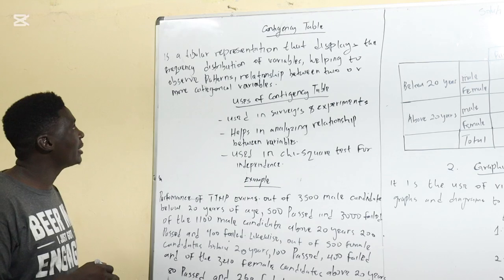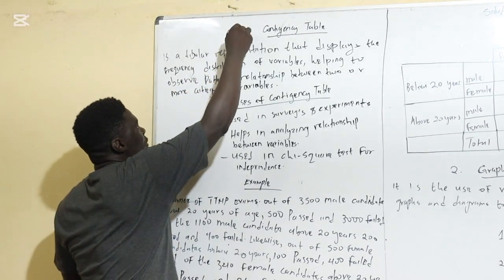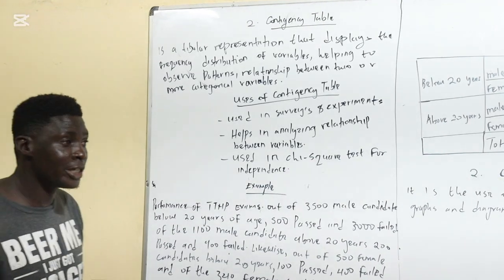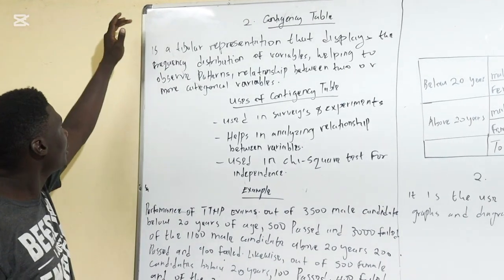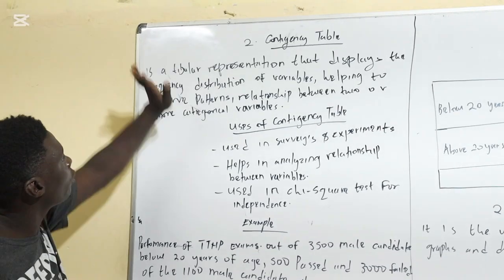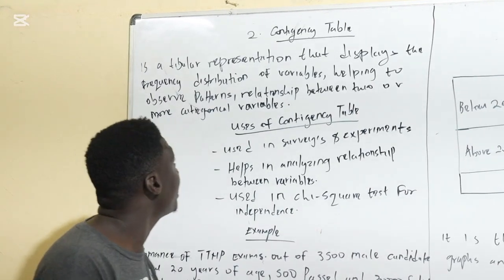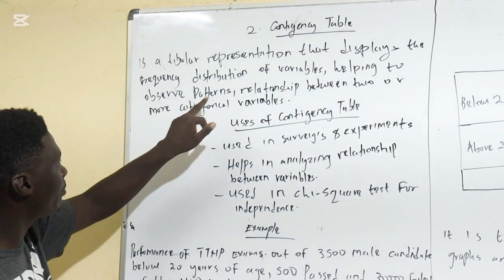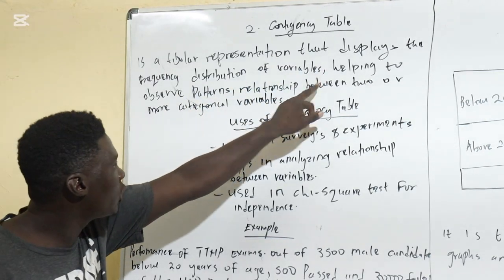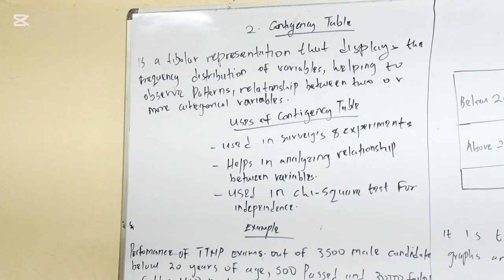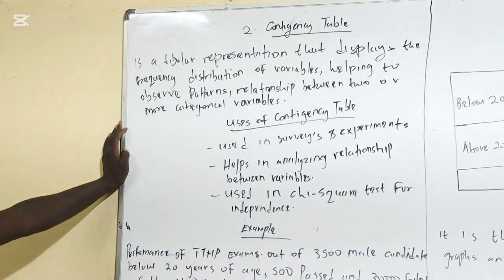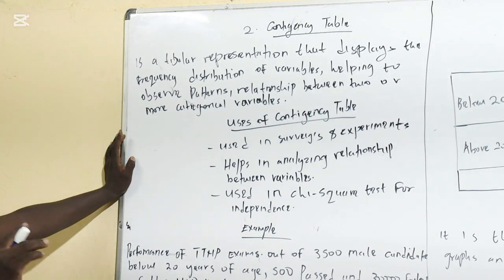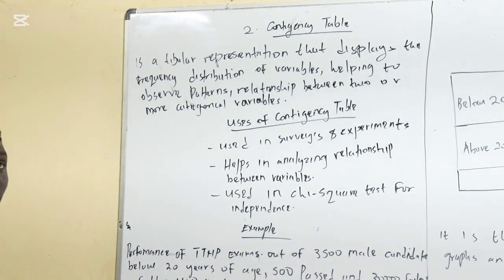So as I mark the tabular presentation, the contingency table, this was the second one because the first one was frequency distribution table. So let's define what a contingency table is. By definition, a contingency table is a tabular representation that displays the frequency distribution of variables, helping to observe patterns, relationship between two or more categorical variables.